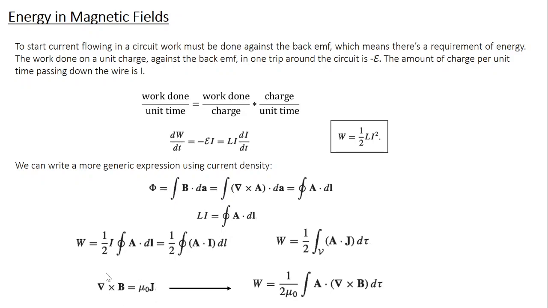Now from Ampere's law we know curl of B equal to mu naught J. So instead of J I can write curl of B divided by mu naught. So this expression gets modified as work done equal to 1 over 2 mu naught integral A dot curl of B d tau.